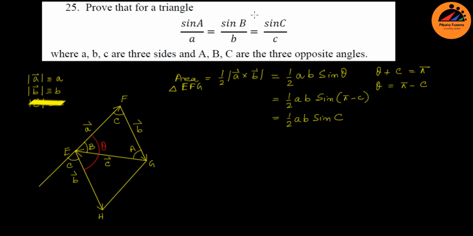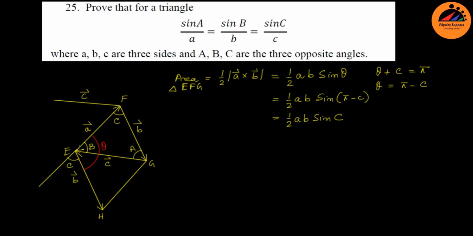Let's erase this so that it doesn't become clumsy. You know that the magnitude of vector A is smaller, so we need not explicitly mention it. Now let's slide the C vector, keeping it parallel to itself so that it touches where B originates. So this is the point, this is the C vector.